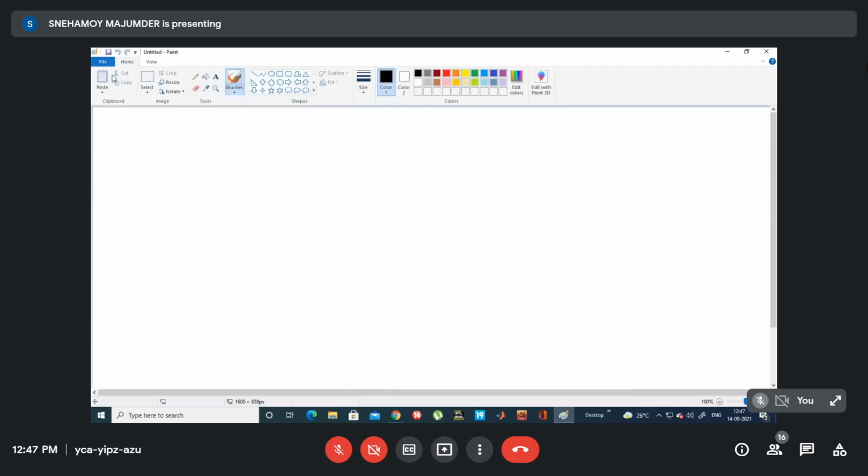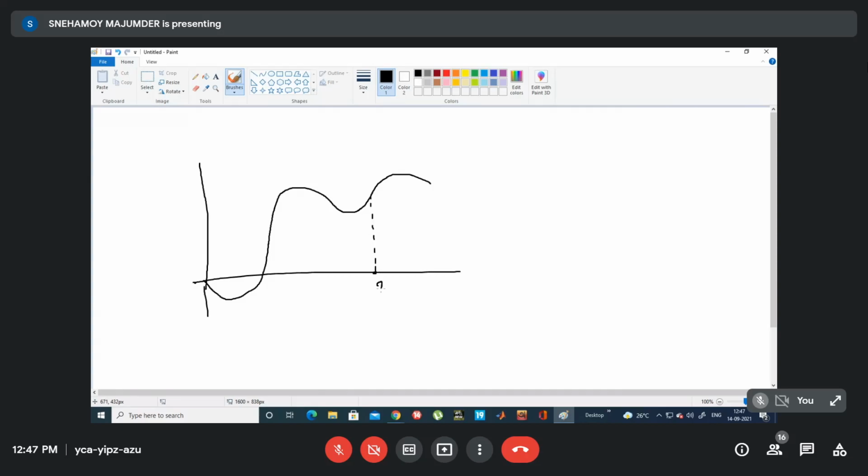Suppose the curve, instead of that easy one, is something coming as this one. So suppose I have taken a point here, which is my x0.